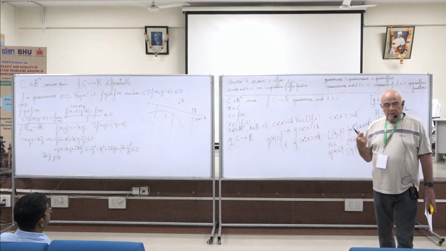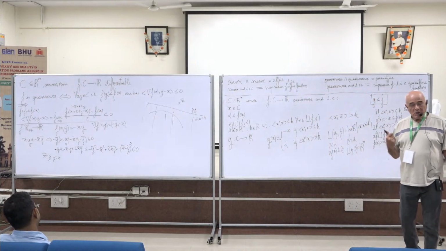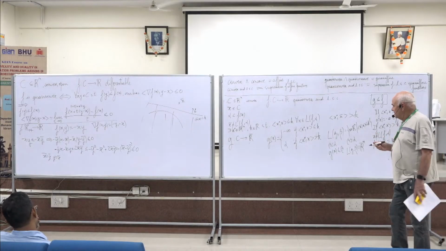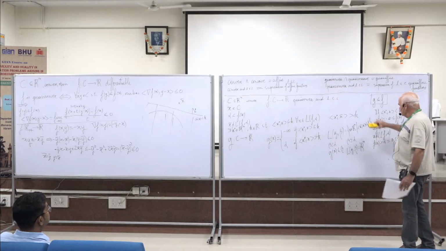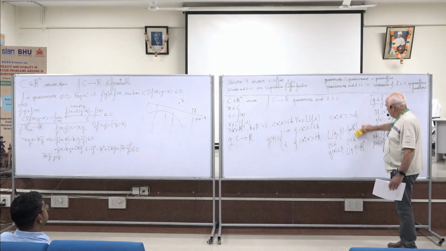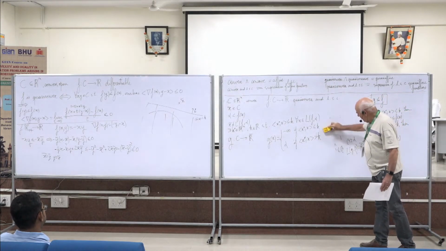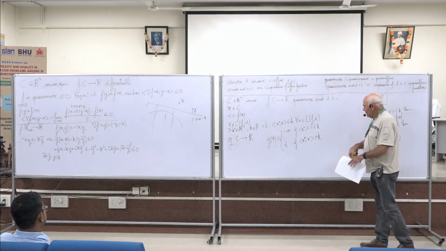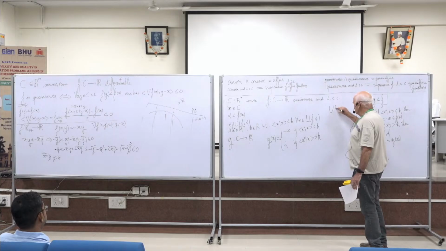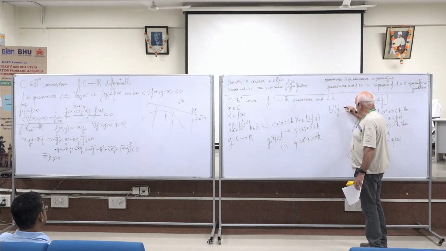But now we will see that it's also quasi-concave. Look at the upper level sets. We have to make an analysis similar to this one. The upper level set of G corresponding to beta.